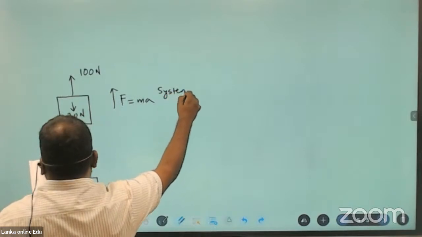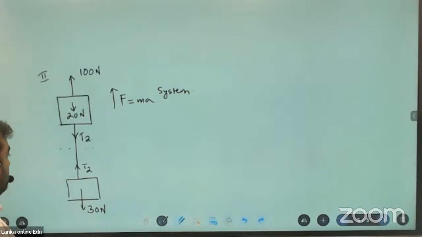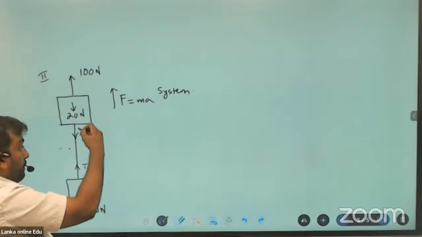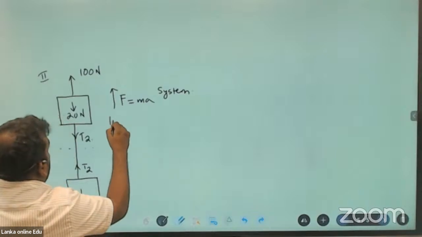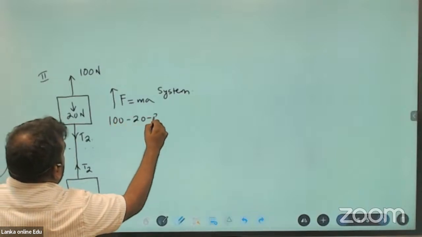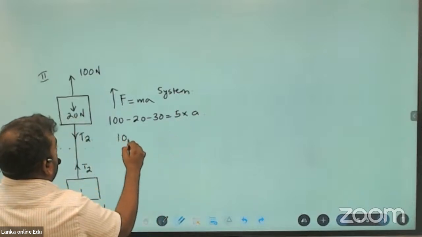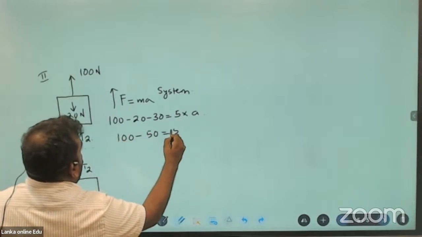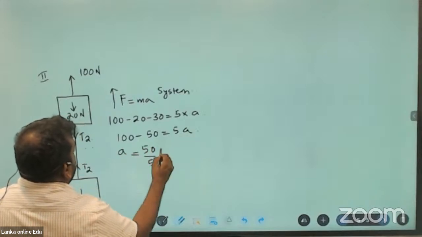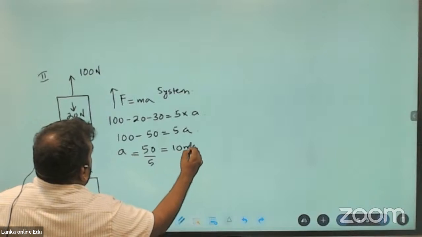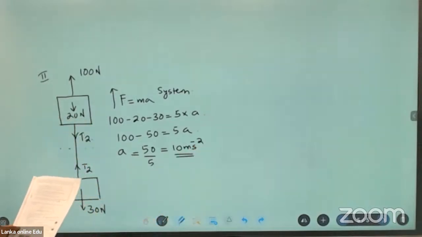What do you mean by system? System means all this. If I take the full system, tension will cancel off. So apply 100 minus 20 minus 30. Total mass is 5 into acceleration. 100 minus 50 is 5 times a. 50 divided by 5, there you go, acceleration is going to be 10 m/s squared.